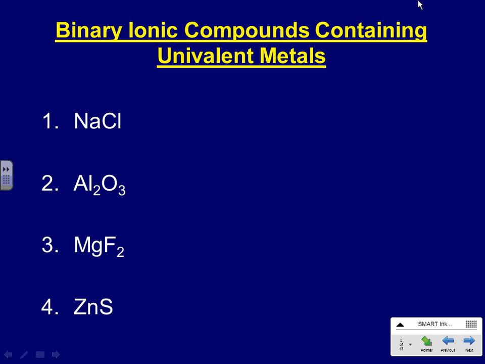I've got that ion and that ion. What's this called? Hands up, what do we got? Christopher? Sodium chloride. Don't wait for me. This is as straightforward as it is.